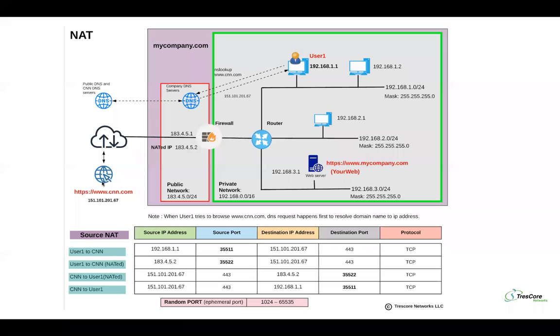And when CNN responds, CNN thinks it's talking back to the client on this IP address, because again, it's a public IP address. So that packet reaches the firewall, and the firewall, or any device even a router which is doing NAT, has a table in it. It's called a NAT table.